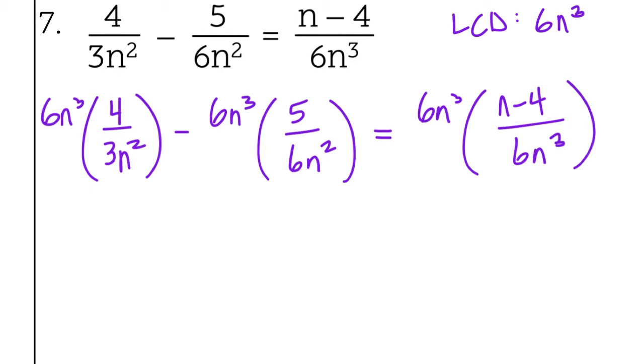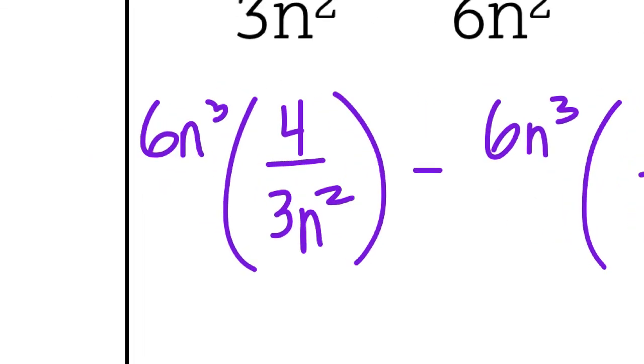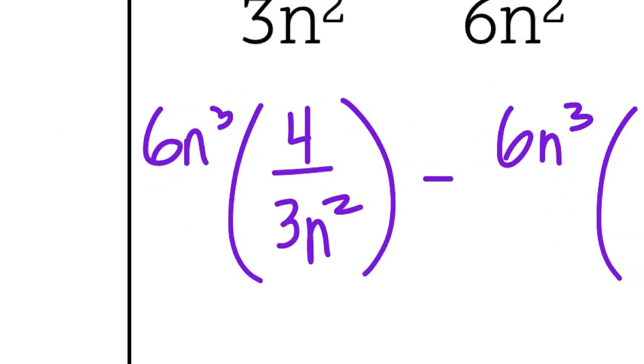So now we're going to simplify as much as we can. So on that first term, there's a little bit of rewriting that I need to do because, let me zoom in a little. 6 can just be rewritten as 2 times 3. And then that n to the third power can be rewritten as n times n times n.